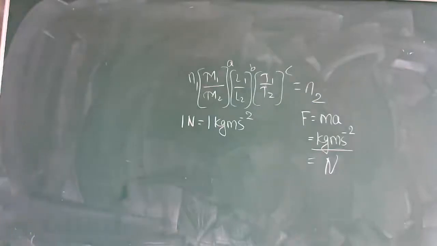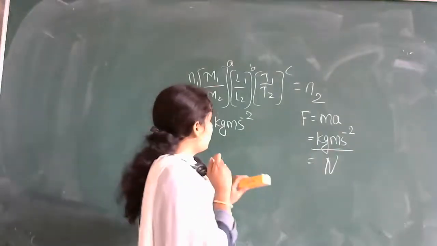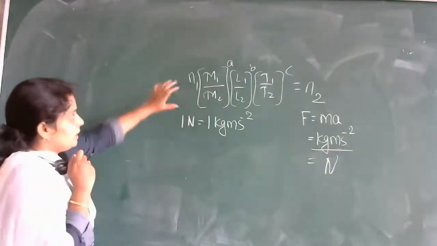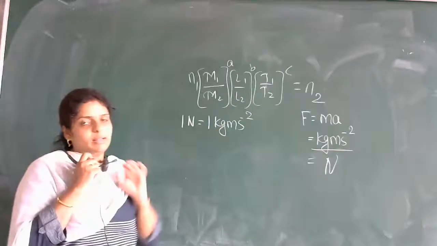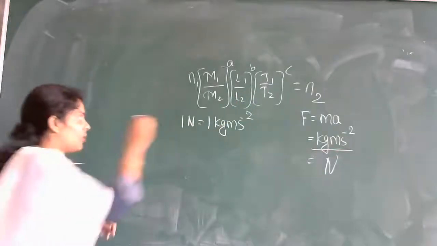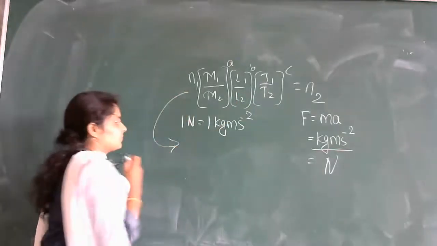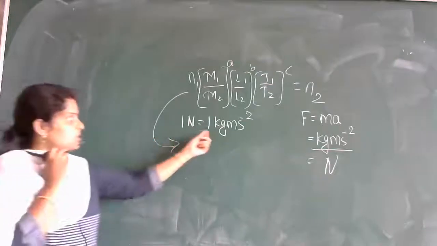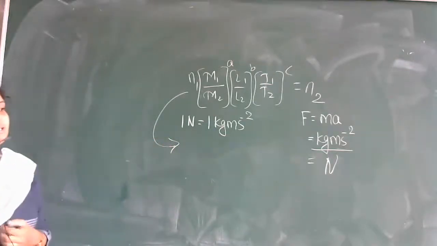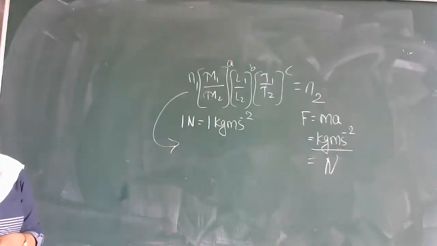So here I'll write the formula. So we know that 1 Newton is equal to 1 kg meter per second square. After that you can write the formula.